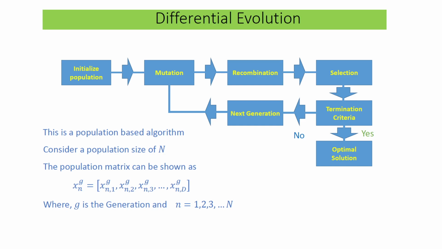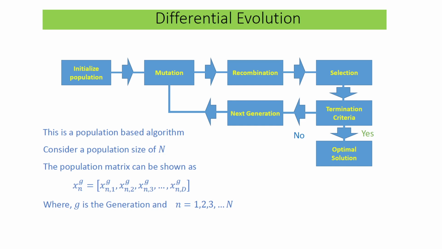In recombination, we create a trial vector from the donor vector and target vector, and then we do the selection between the trial vector and the target vector. After that, we set a termination criterion. Then we proceed to the next generation, and we do these iterations till we get an optimal solution.